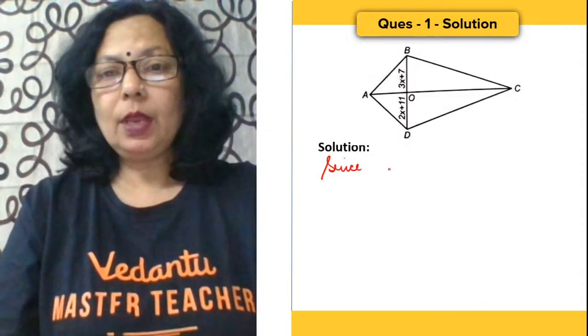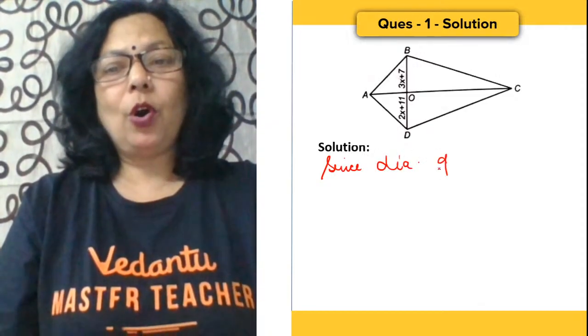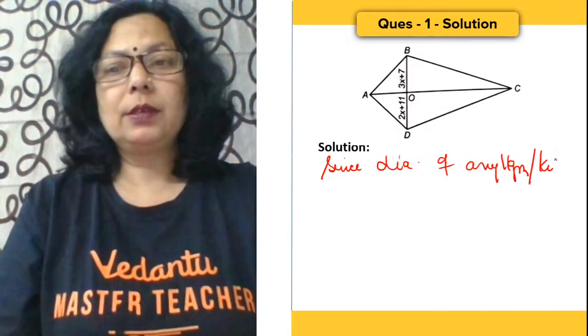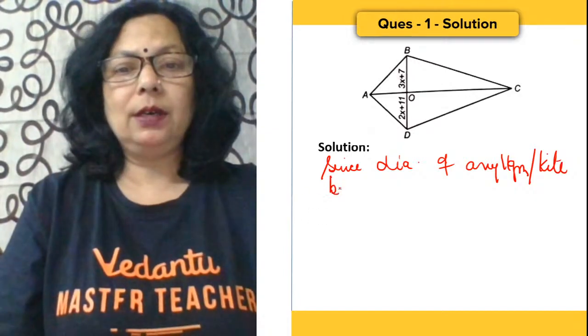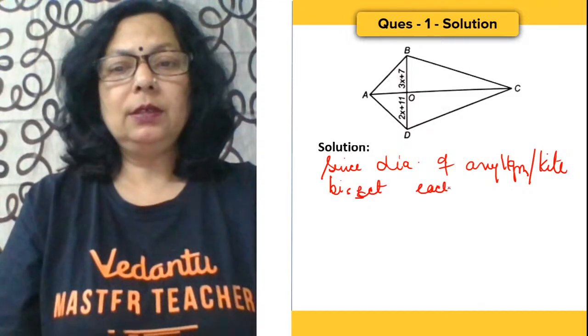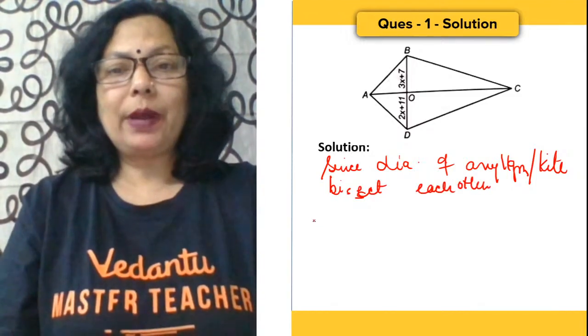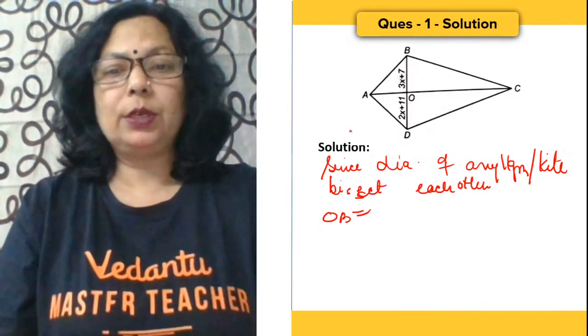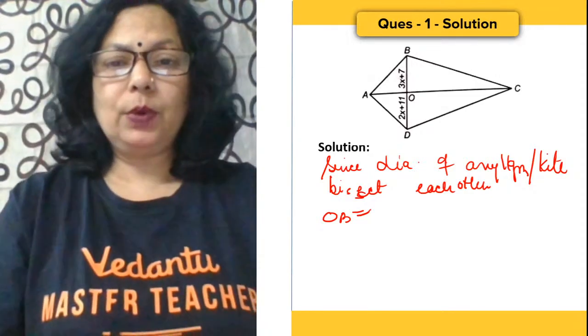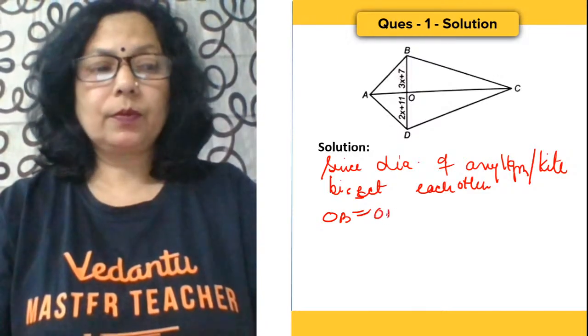See how? So what is the reason? Since diagonals of any parallelogram, or you can say kite, bisect each other, you will write OB is equal to OD, right?